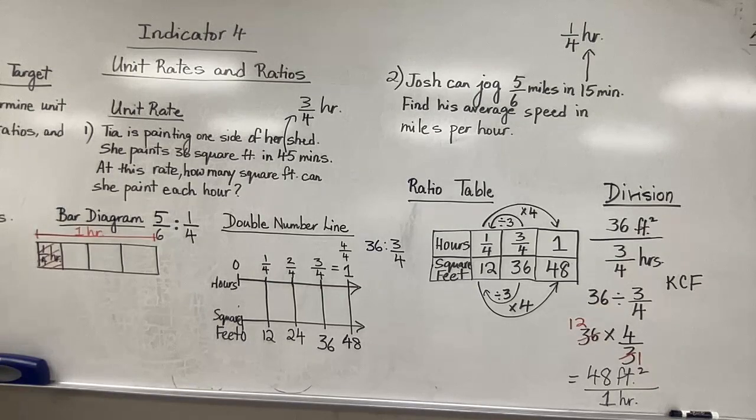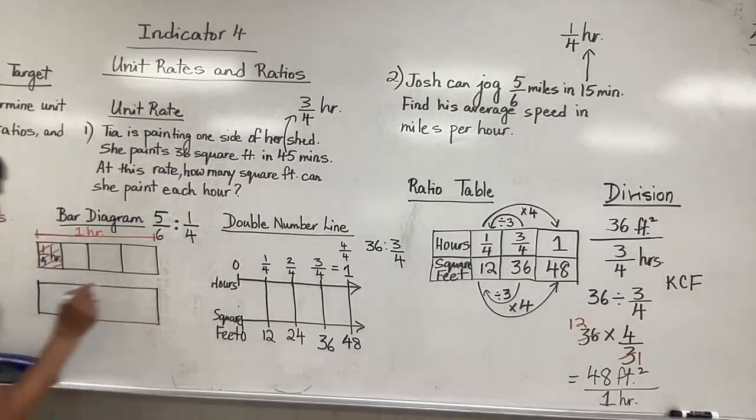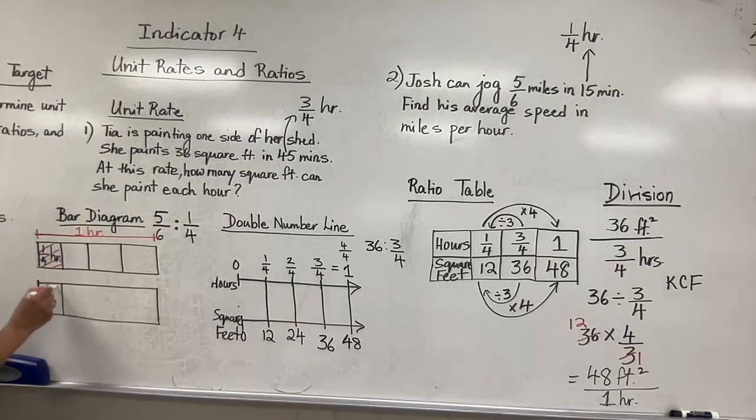Then on the next bar, I am going to put 5/6 over here. So let me just shade the same amount that I have above. Okay, so this is going to be 5/6 mile, which is his rate.